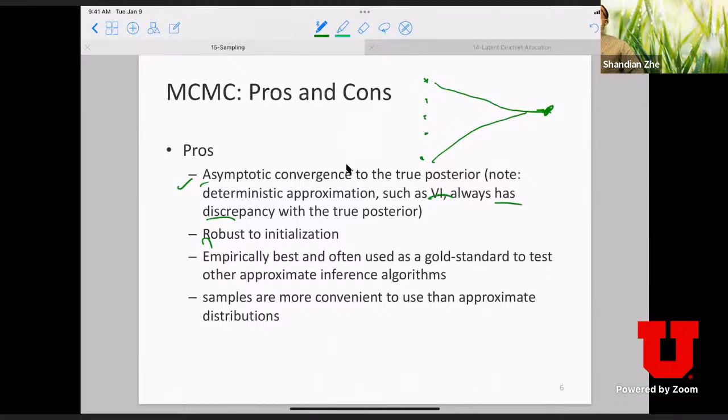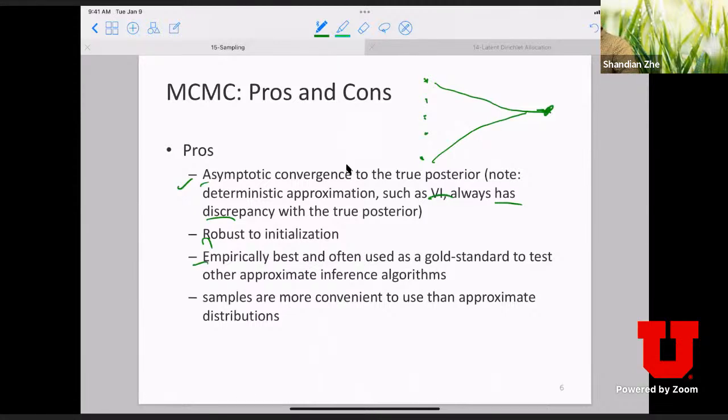Otherwise, especially in neural network-based applications, how to initialize your model parameters becomes an art. People have summarized a bunch of different techniques to do the initialization. And there's a machine learning topic called meta learning, which is specifically designed to learn good initializations for the neural networks. It's called meta learning.